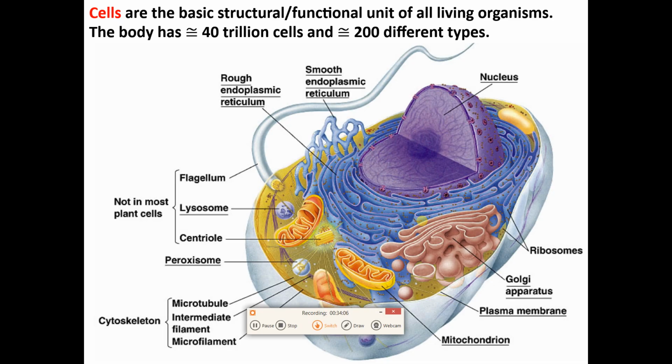Basically means that every organ and its parts are made of cells. The jobs that every organ and its parts have are jobs that are done by cells. Our human body has roughly 40 trillion cells, of which there are about 200 different types.